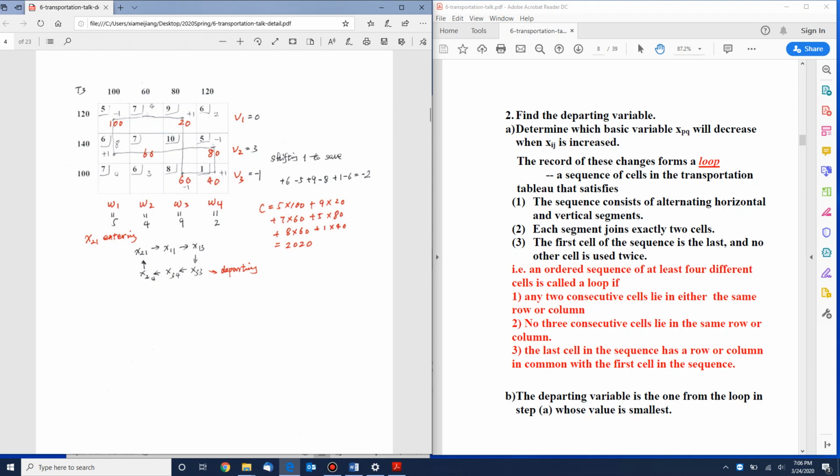And move on for non-basic variable x21, that's V2 plus W1 equals 8, and V2 plus W3 equals 12.